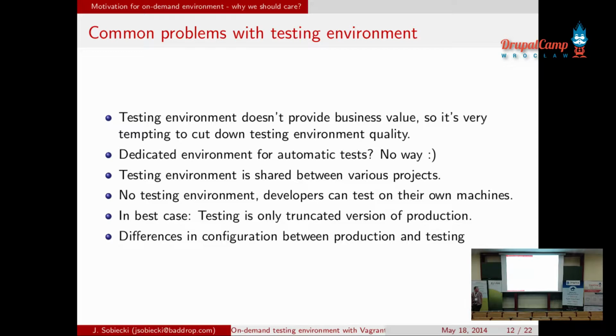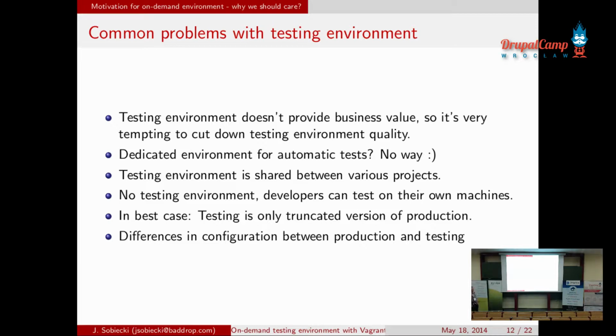And very often I had problems with differences between the configuration of production and testing. For example, on production I had an extension like PHP memcache, and on testing there was none, or different MySQL parameters, for example max packet size.